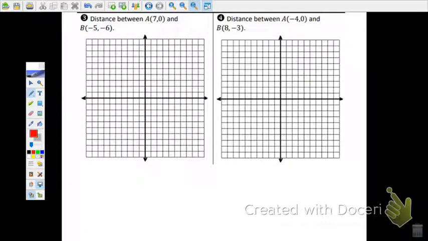Number 3, point A is at 7, 0. So the answer to number 2 would just be 8, because it's vertical. Point B is at -5, -6.